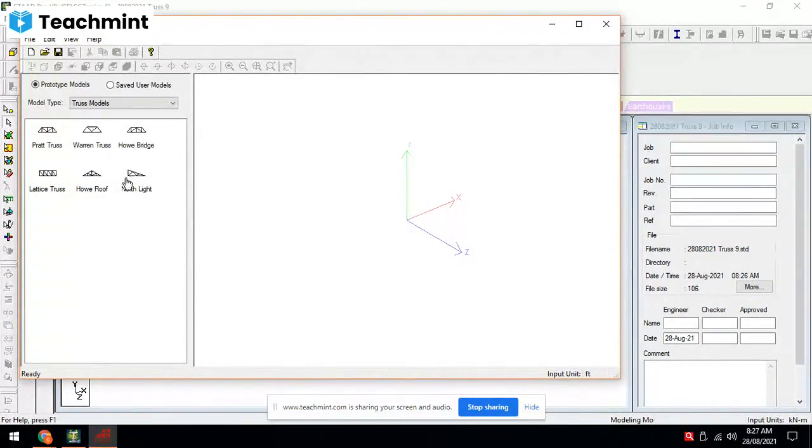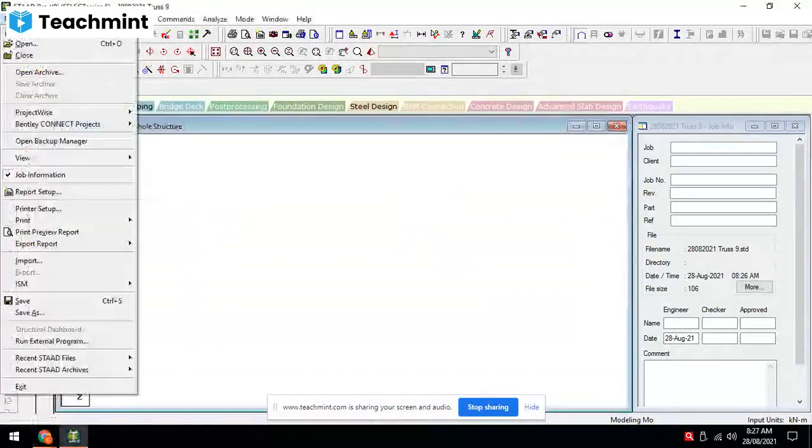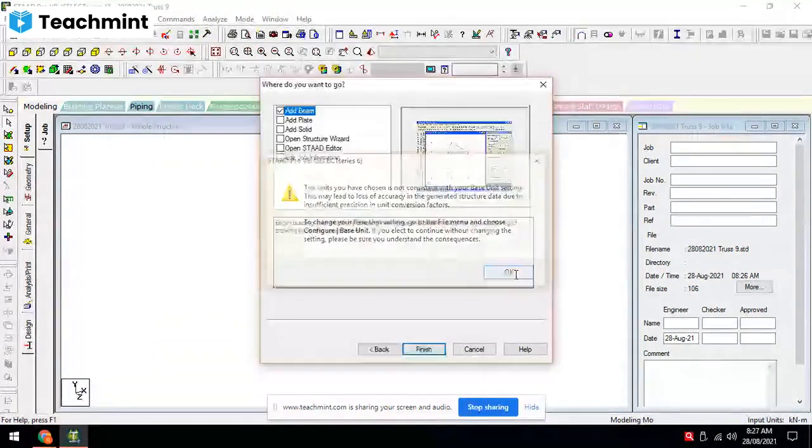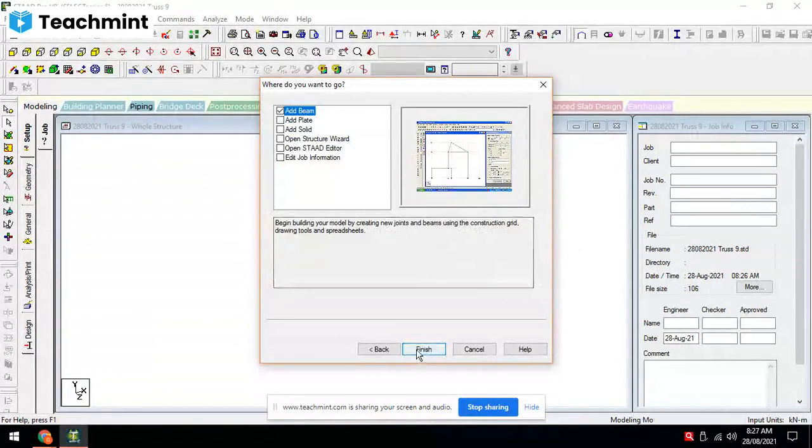No, whatever model we require is not available in the structure wizard. So we'll go to the add beam option. New project, truss, plus 9 meter kilonewton. Yes, we will replace that file. We add the beam option and finish.